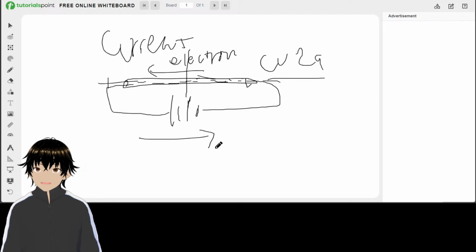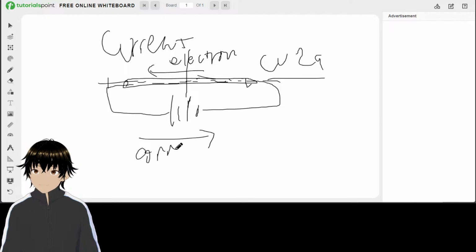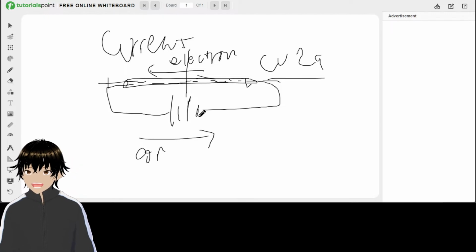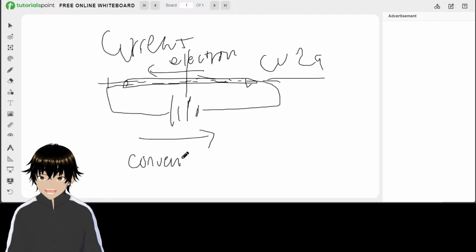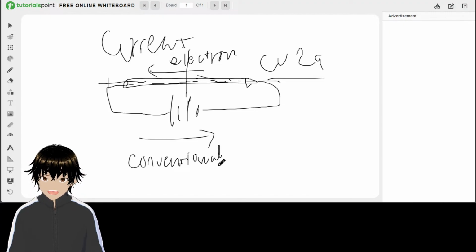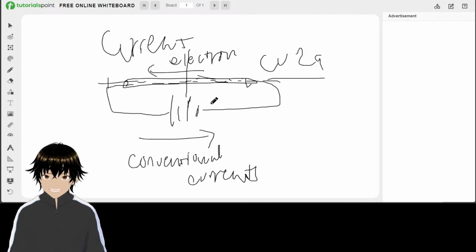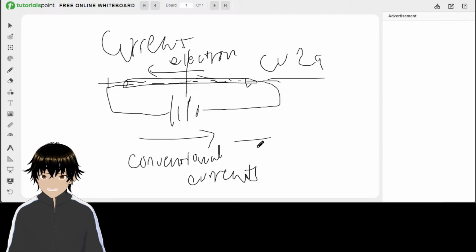But the conventional current, or how it's mainly described, is positive charges that go this way, that go right. That's basically it.